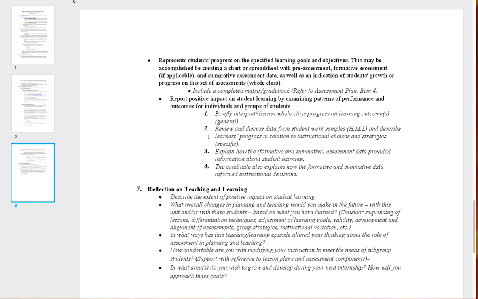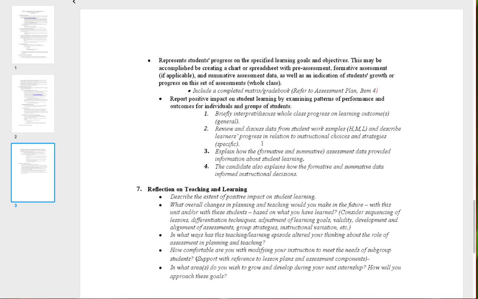The second evidence is you're going to now get more specific, and you're going to pull out a high student, a medium student, and a low student, who are generally high, medium, and low in the class, achievement-wise. And I want you to really reflect on their progress. Look at the data in your matrix, and look at some of their work samples.